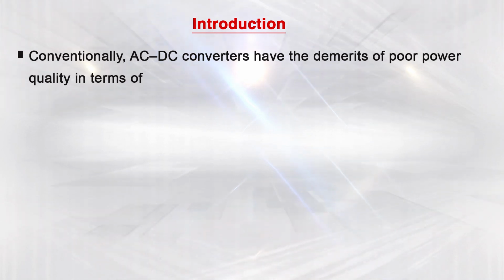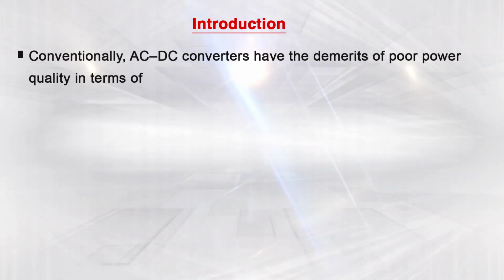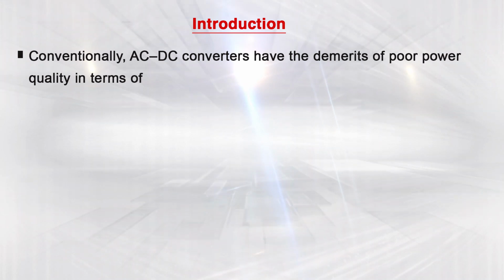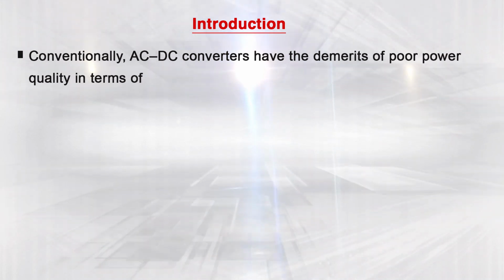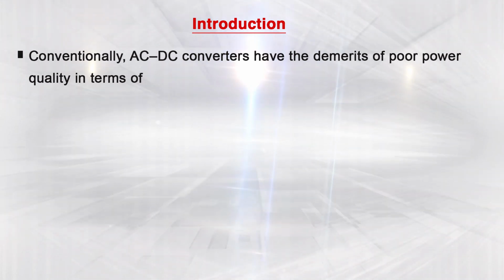Therefore, whenever we have this kind of load, there are harmonics that create distortion, and this distortion directly reduces the total power factor. Conventionally, AC-DC converters have the demerit of poor quality in terms of injected harmonic currents.